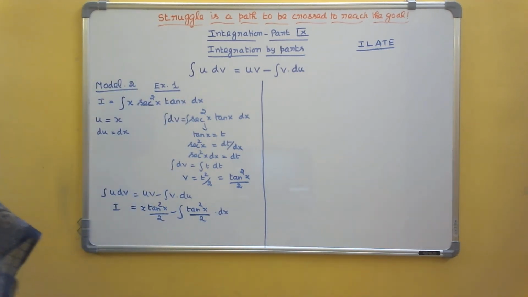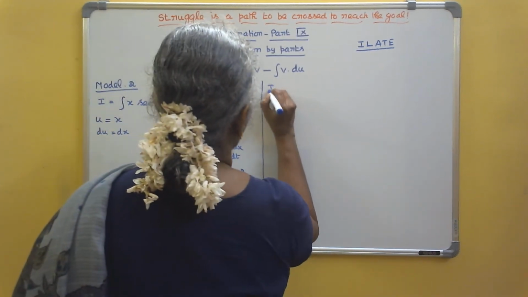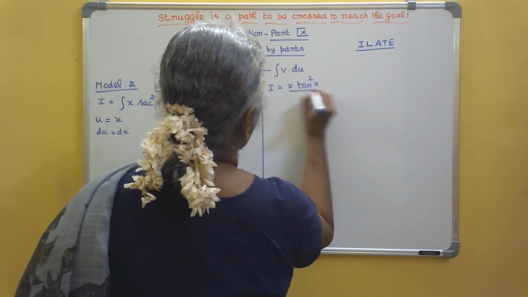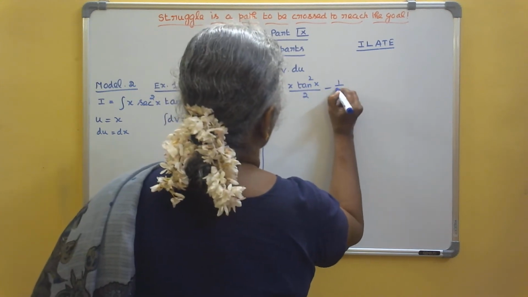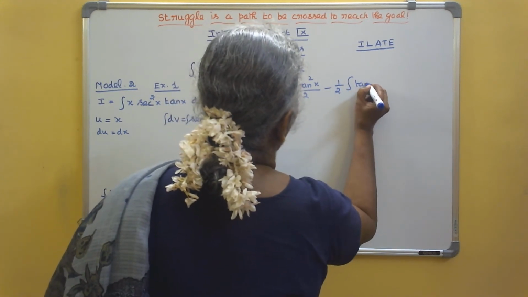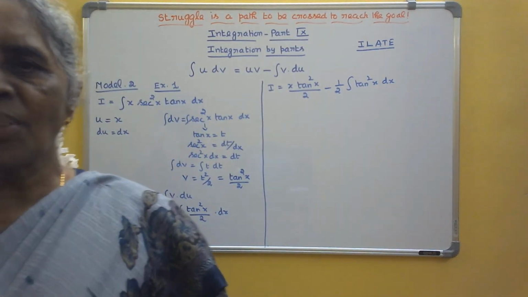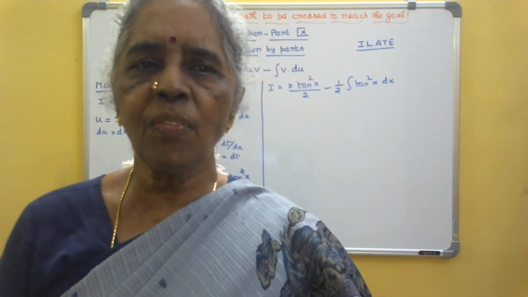Okay. So now let us take the 1 by 2 outside. So I will write I is equal to x tan squared x by 2 minus 1 by 2 integral tan squared x dx.